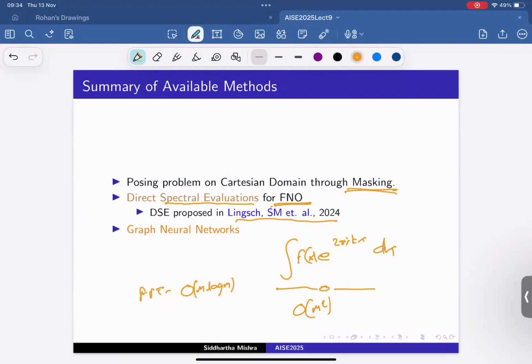But the option that is very popular, particularly in industry, is what are called graph neural networks. My hope was to start with graph neural networks today, but clearly I've run out of time. So in the next lecture, we will give you a very short introduction to graph neural networks. I won't really have time to explain this in graphic detail, pun intended, because first of all, there will be a full tutorial on graph neural networks.